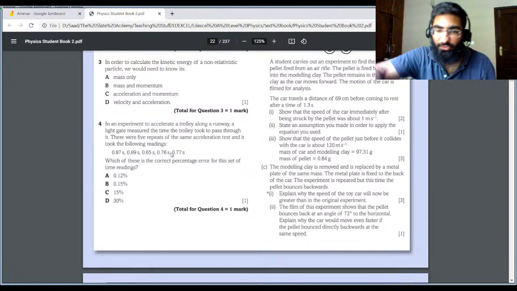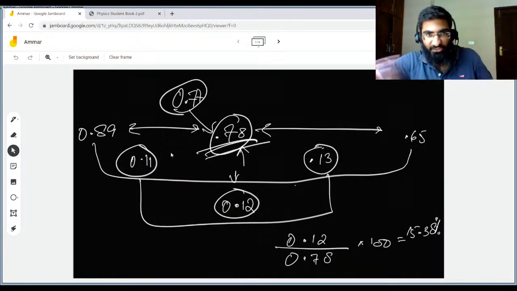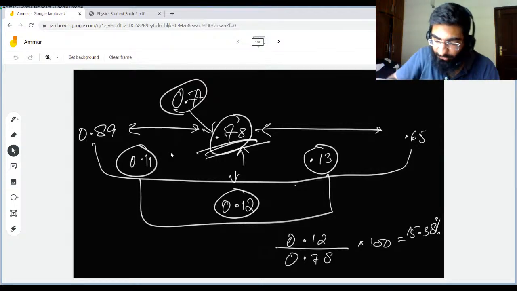Now I'm seeing how much it differs on either end from this 0.78. If the error is on the positive side, how much is it? If the error is on the negative side, how much is it? I found out that the two errors were 0.11 and 0.13, so I took the average of those. So on average it deviates by 0.12.